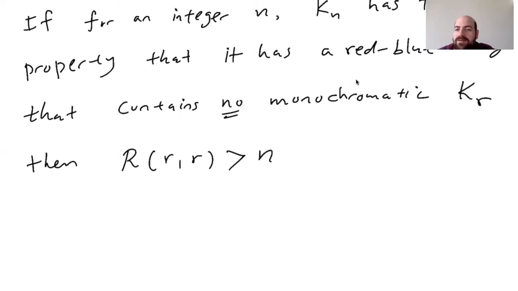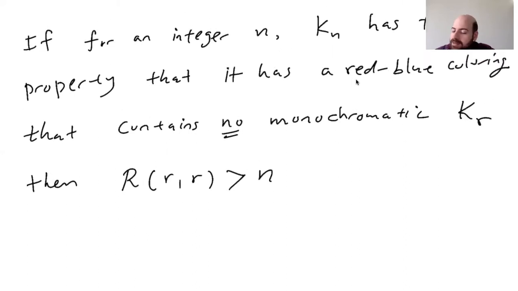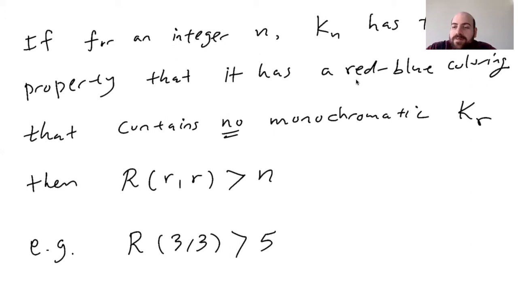Okay, so to explain this, think about capital R of 3 and 3, which is bigger than 5. Remember, capital R of 3 and 3 was 6. And why was it 6? Why was it not 5? If you remember, we considered K5, so n was equal to 5.